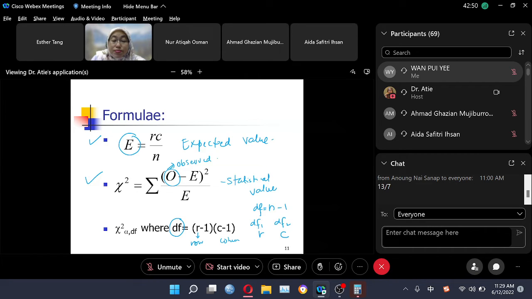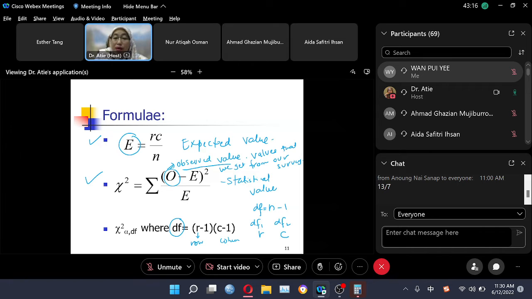What does it mean by observed value? Values that we get from our survey, so what we see, what we collect, what we get. That one is the observed value.